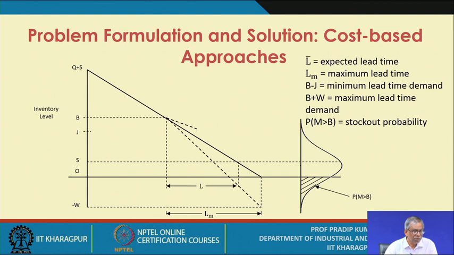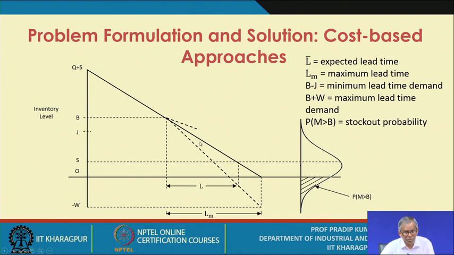Here, as far as inventory level is concerned, the maximum value is Q plus S. S is the safety stock, and capital B is the reorder point. We have S, the safety stock, and we also have the negative inventory, that is W. Both lead time and demand vary.